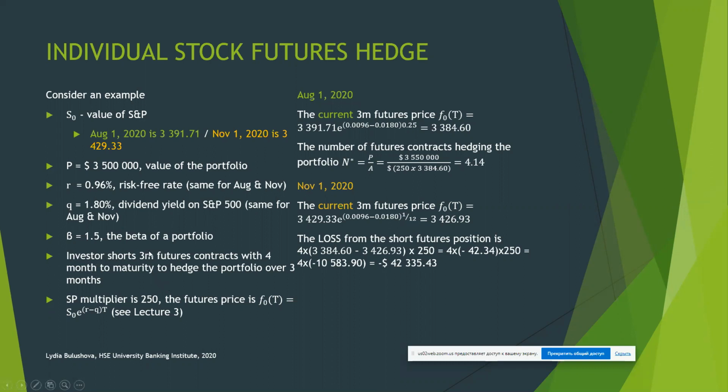Okay, so 3-month futures contracts: the life of the contract lasts 3 months. 4 months to maturity: the contract expires in 4 months from now.